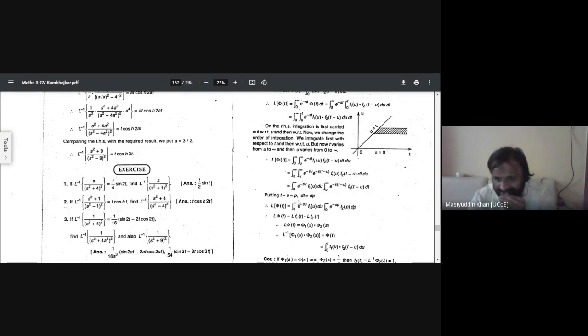I'm not going to explain the integration because these things are already covered in your semester 1 or semester 2 syllabus. The integration parts are very simple. Now after simplification, you will get what? Integral 0 to t f1 of u into f2 of t minus u.